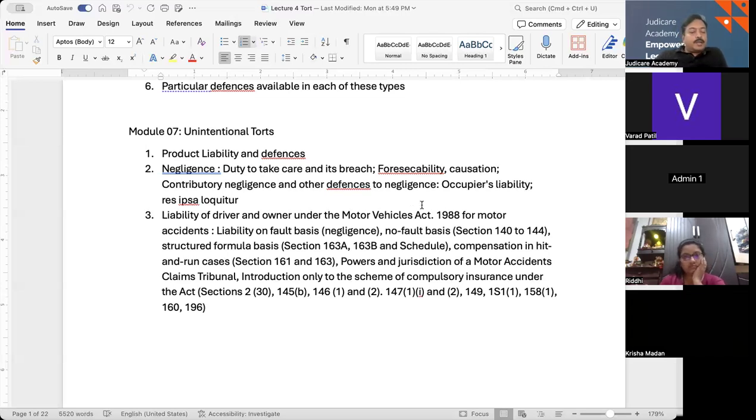So that is where the duty of care has to be taken. For example, take a case law called Caparo Industries PLC versus Dickman, 1990.